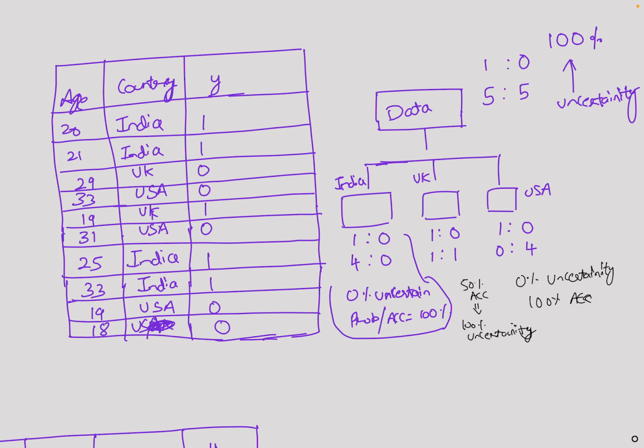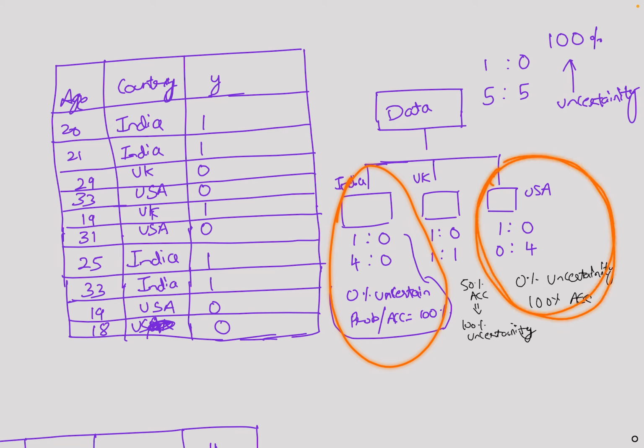If I just predict randomly that a record belongs to class 1 or class 0, I have a 50% accuracy. But if I predict by looking at a subset of the data, let us say one subset belongs to country India, another subset belongs to country US, another subset belongs to country UK, I have observed that in case of India and USA, I have 100% accuracy. In case of UK, I have 50% accuracy.